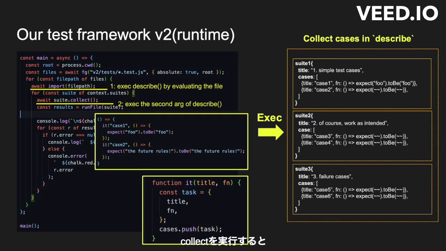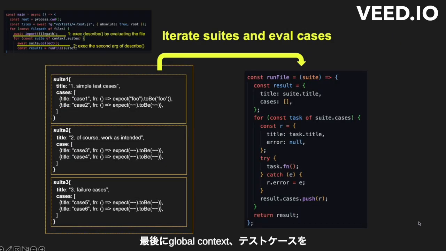When running collect, the function including it is executed. This is just a JS function. After that, the test cases are stored in the array of the suite like this. Finally, iterate over the global context and cases to determine if the test succeeds or fails. This is almost the same as what I did in version 1.